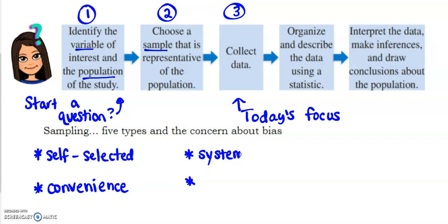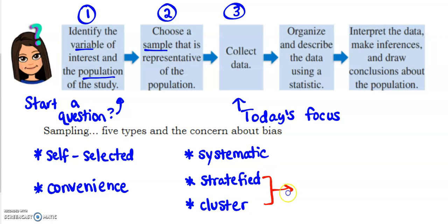There's a systematic way to sample where maybe you write a rule and then you pick every third person. There's a stratified type of sampling, all right? And then there's cluster, where you put everybody in a group and then you identify one group.